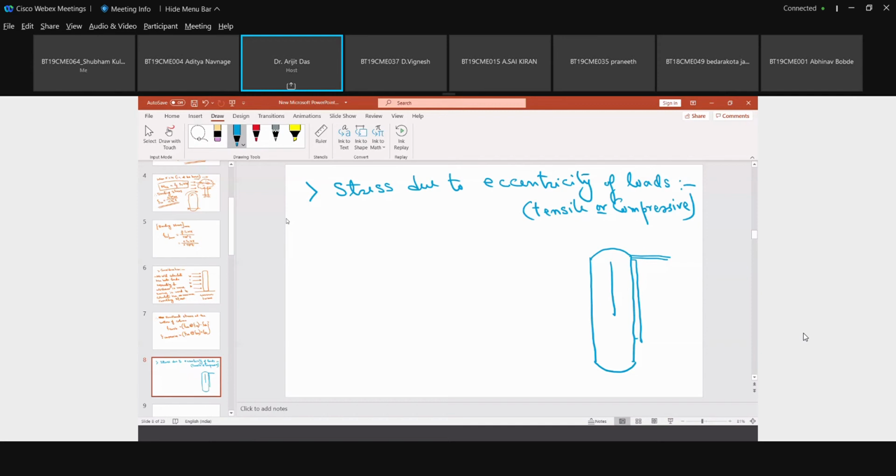So all this attachment with the main column tries to bend it. So a bending stress is produced if there is a heavy iron platform and a ladder. It has considerable weight, so it will try to bend in this direction.